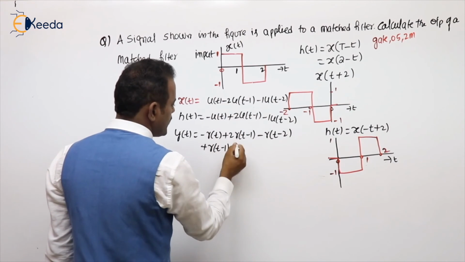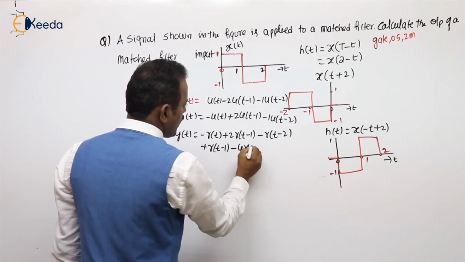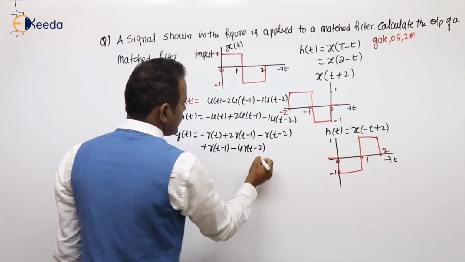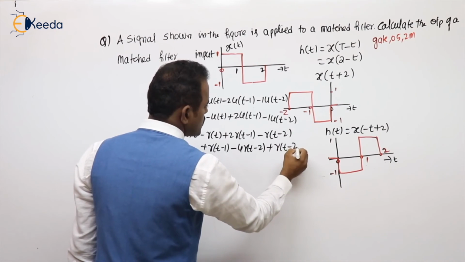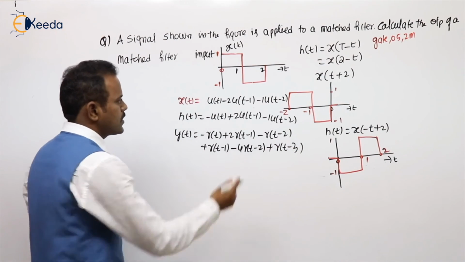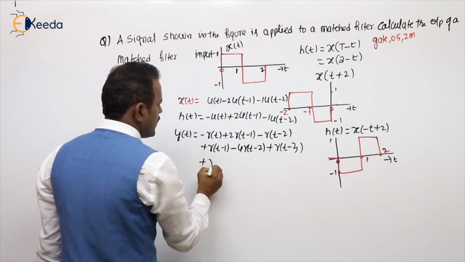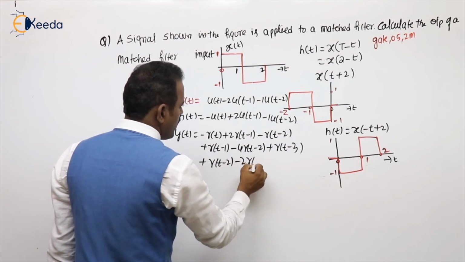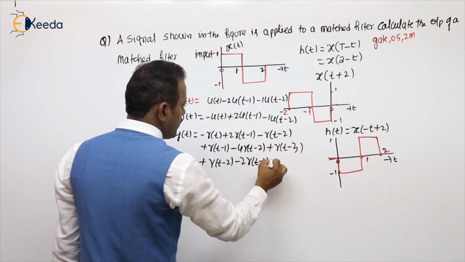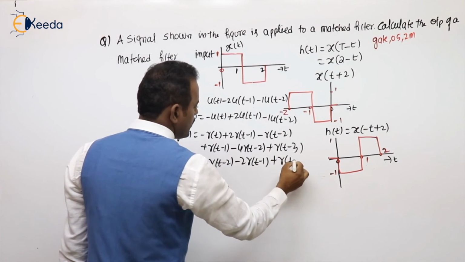Next, minus into plus, minus 4 r of t minus 2. Minus into minus, plus r of t minus 3. Next, minus 2 r of t minus 1, minus into minus, plus r of t minus 4.